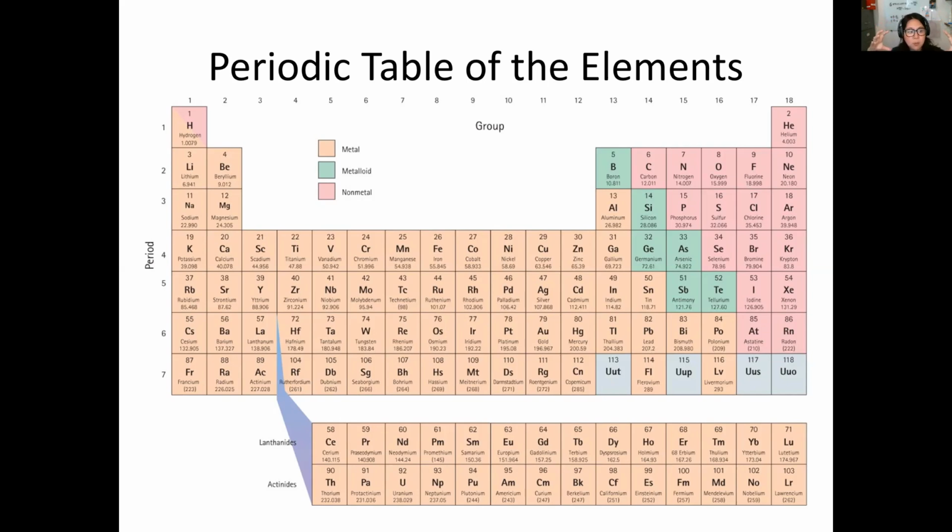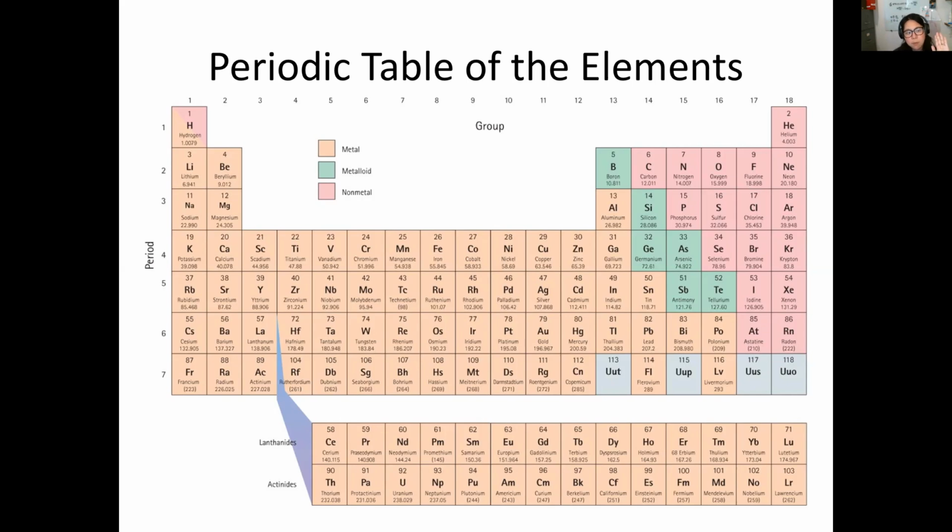Then what happens when you move from lithium to beryllium, boron, carbon, nitrogen, oxygen, fluorine, and neon, right? As you move from left to right on the second row, the atomic number increases from 3, 4, 5, 6, 7, 8, 9, 10, right? So what's the number of protons and the number of electrons?